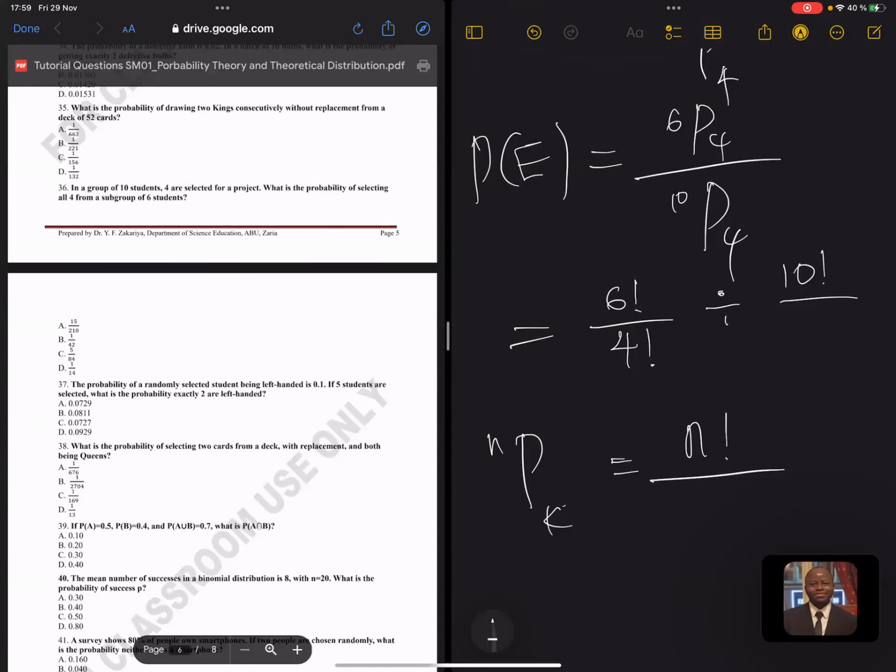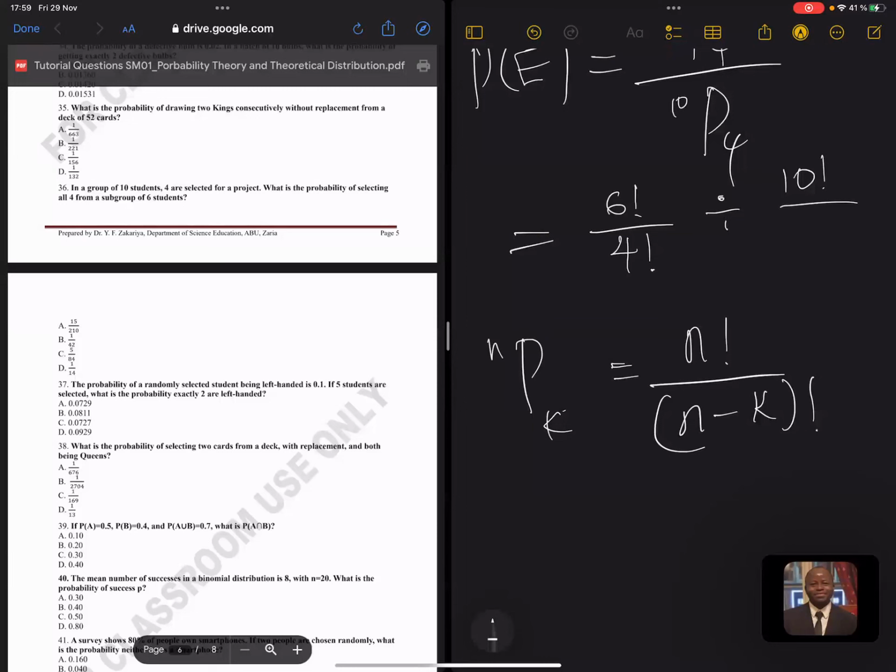Somebody who took note. Are you checking your notes? It should be n factorial over n minus k factorial, not k factorial.